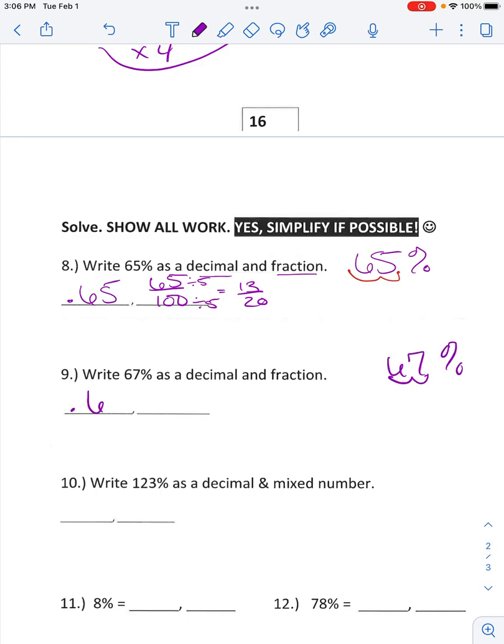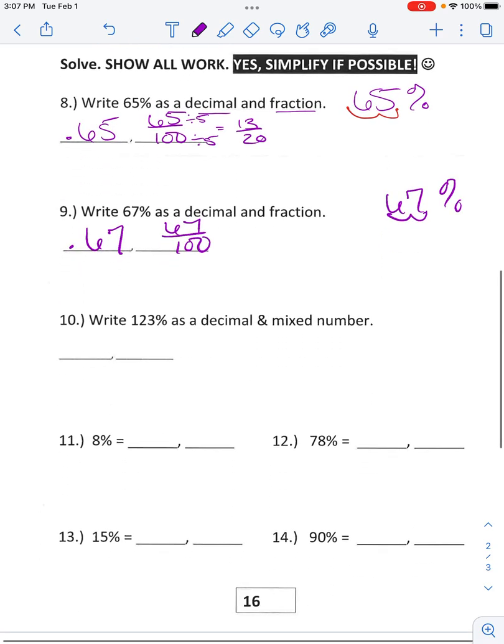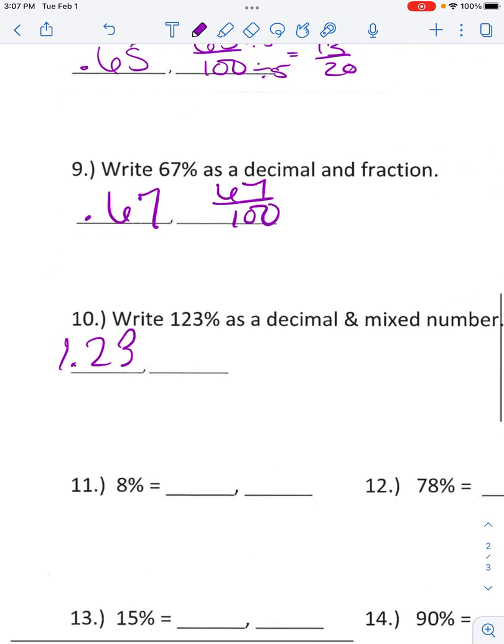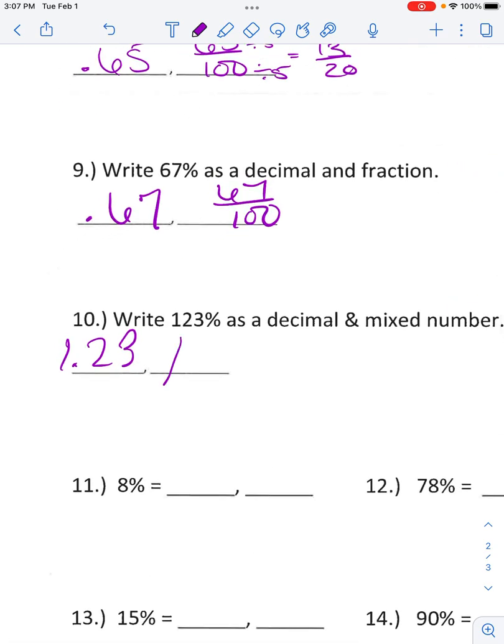67% as a decimal, move it twice to the left. We have 0.67. 67 hundredths would be written like that as a fraction. We cannot simplify. We're in simplest form. 123%, move the decimal twice to the left, which gives me 1.23 as a decimal.